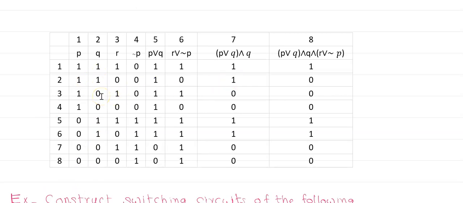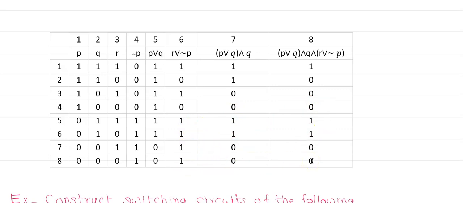Next is 0 and 1 is 0, 0 and 1 is 0, 1 and 1 is 1, 1 and 1 is 1, and the remaining both of them are 0. And then the last column, between 6 and 7: 1 and 1 is 1, 0 and 1 is 0, 1 and 0 is 0, 0 and 0 is 0, 1 and 1 is 1, 1 and 1 is 1, 1 and 0 is 0, 1 and 0 is 0.